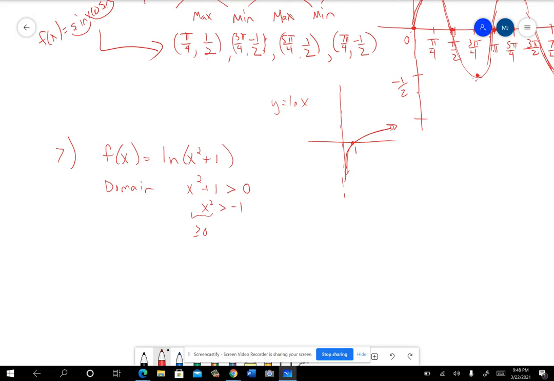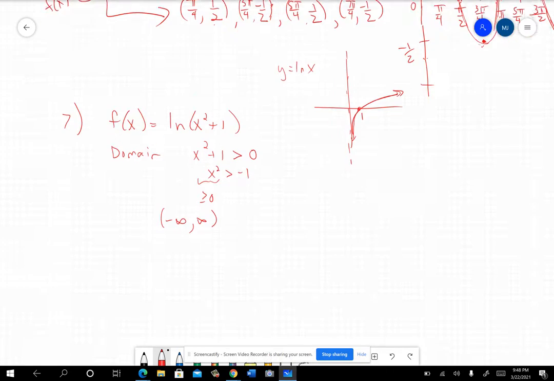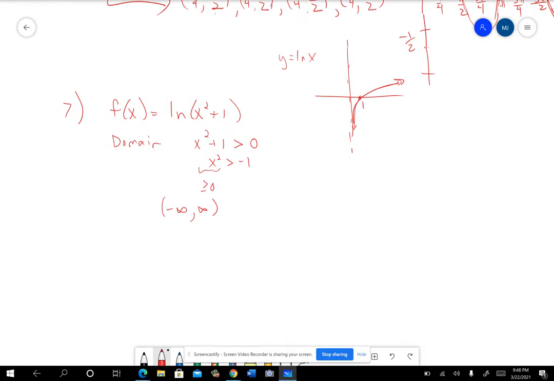So it's going to be greater than or equal to -1. So this one right here is kind of interesting because there are no domain restrictions. You can plug anything from negative to positive infinity in there for x, because when you square it, it'll be positive. Add 1, it's going to be positive, and you can do the natural log of a positive number.